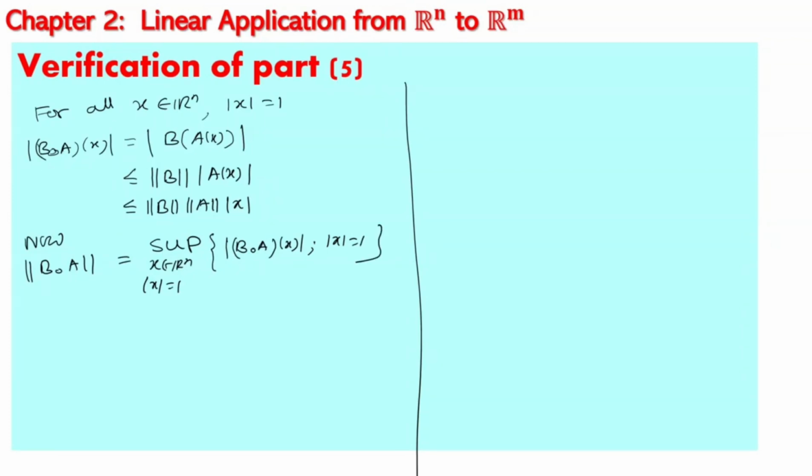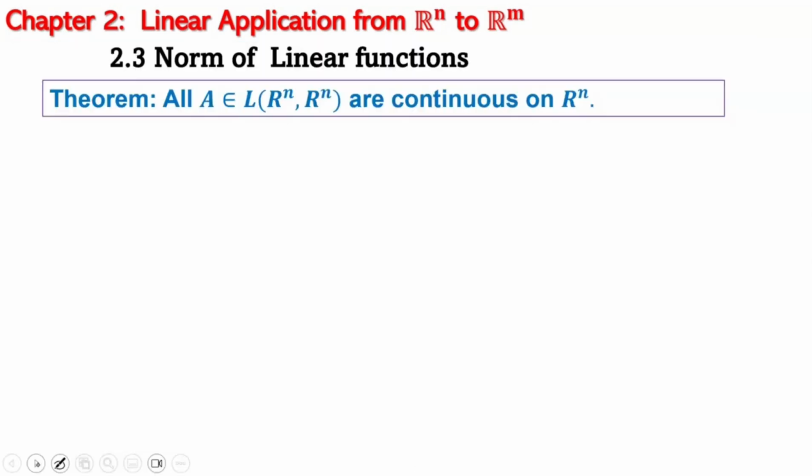This is the definition of the norm. Since it is the supremum of that, and it is less than or equal to this bound, we get the supremum over mod of x equal to 1 of norm of B, norm of A, mod of x. Since mod of x is equal to 1, this is equal to norm of B multiplied by norm of A.